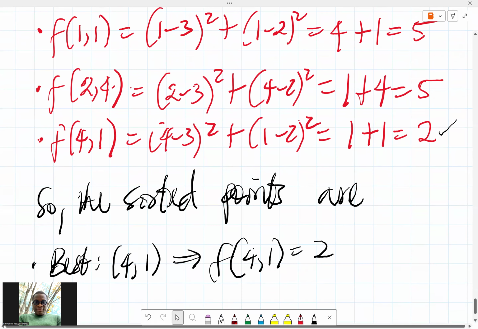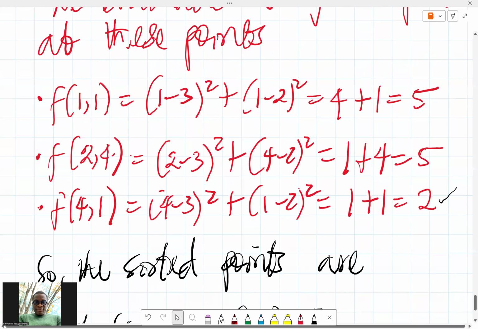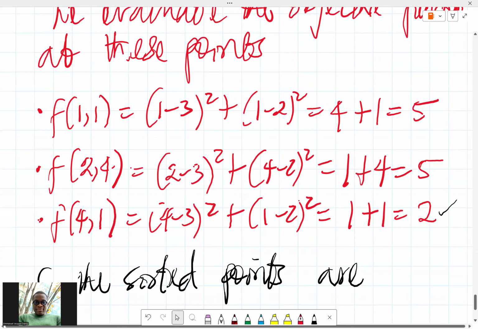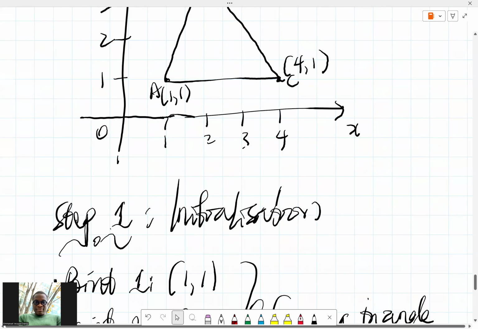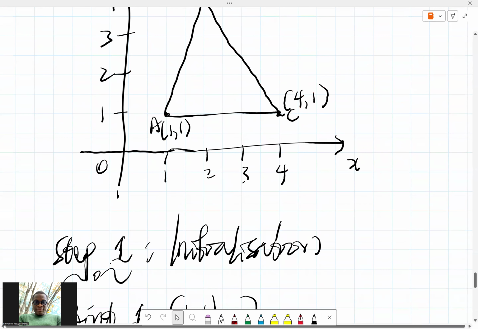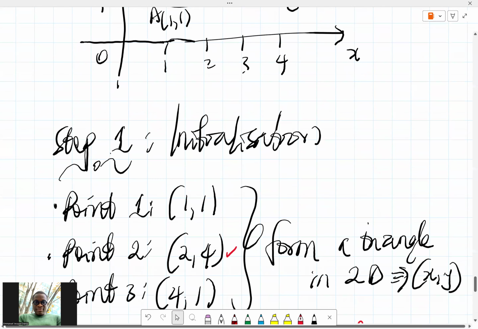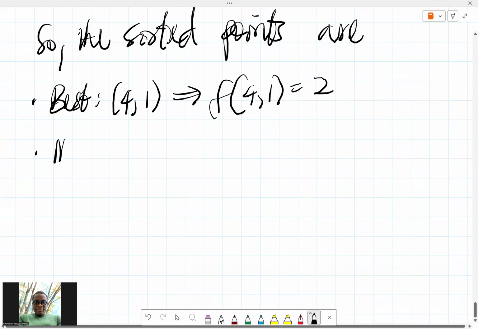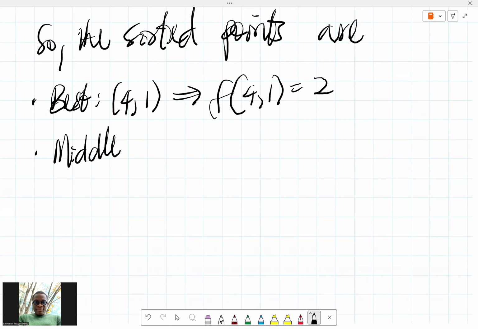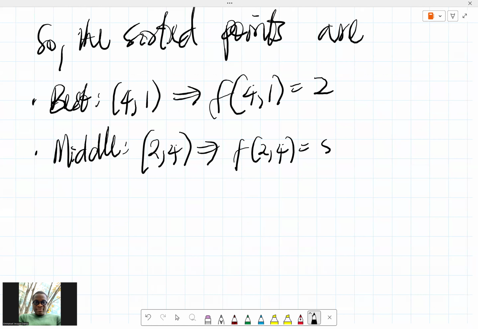Now, the other two give us the same thing, but how do we decide? In this case, we take the middle value. The middle one would be the one with 2, 4. That implies that f of 2, 4, like we have up there, is 5.